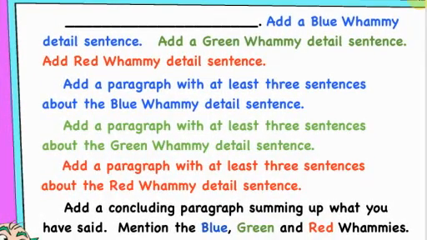Black topic sentence. Detail sentence, detail sentence, detail sentence. The blue paragraph about the first detail sentence, the green paragraph about the next one, the red paragraph about the next one, and we like to keep our colors the same. It's going to be blue, green, and red, blue, green, and red, blue, green, and red.